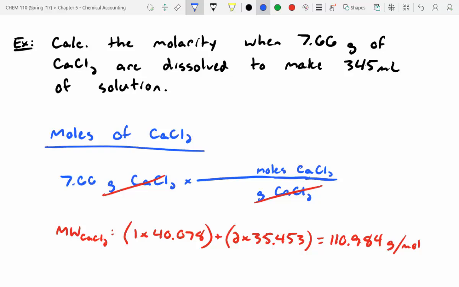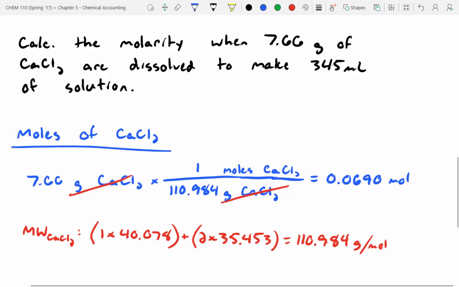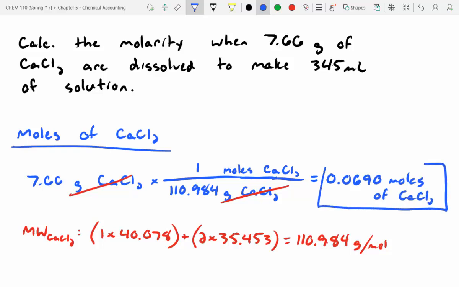Should go on the bottom, right? Because this is with the gram side. So we want to plug this in as 110.984 grams for every 1 mole. And when we're all said and done, we should get 0.0690 moles of CaCl2. Okay, so we're halfway there.